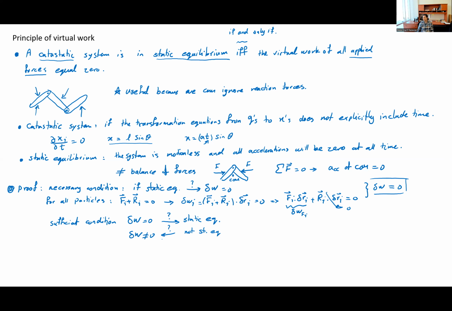If we are not in a static equilibrium, this means that at least for one particle, F plus R is not 0.